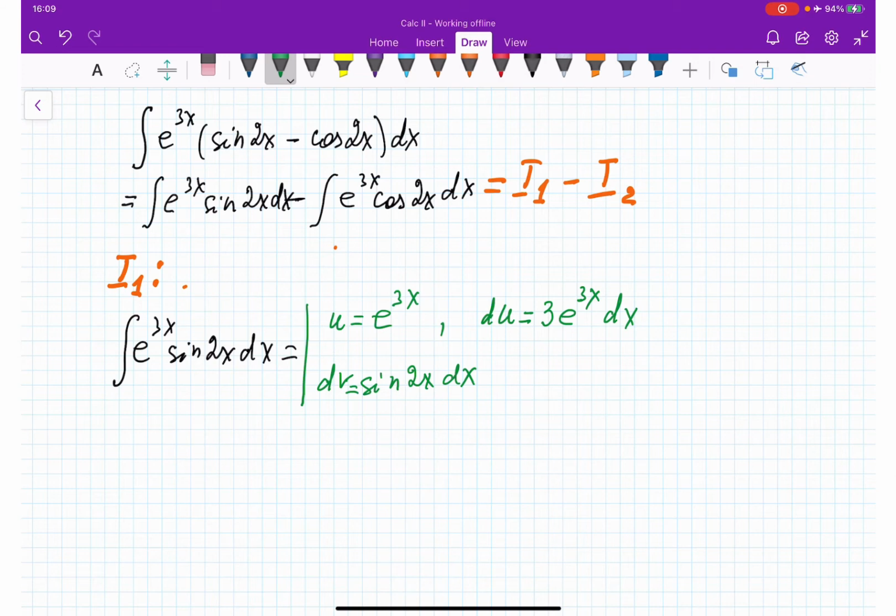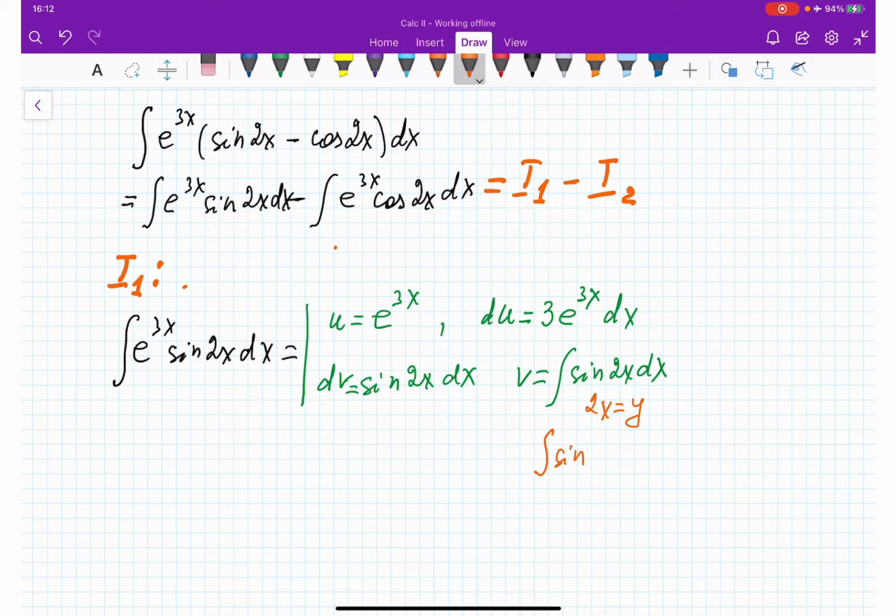Now dv is equal to sine 2x dx, which means v is going to be the integral of sine 2x dx. So real quick, I'm going to do another substitution here, because instead of x we have 2x, so 2x is going to be y.